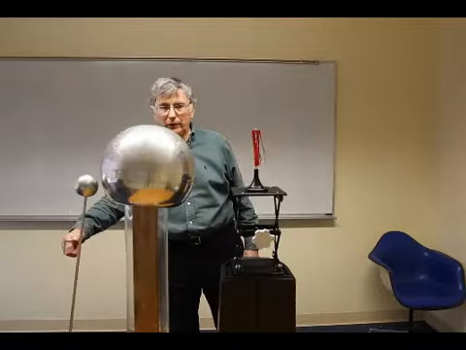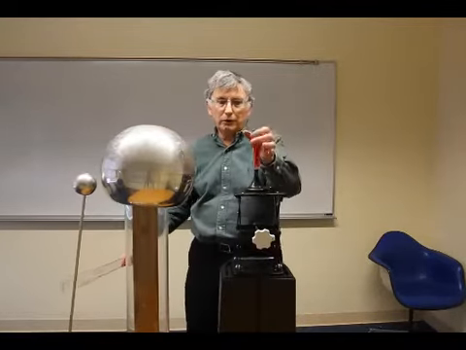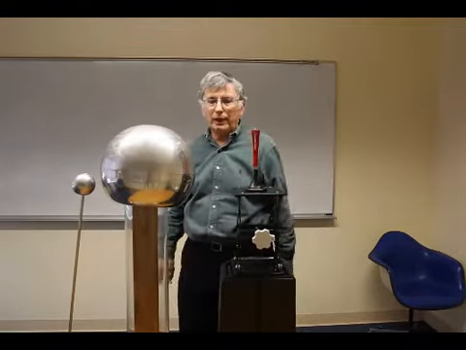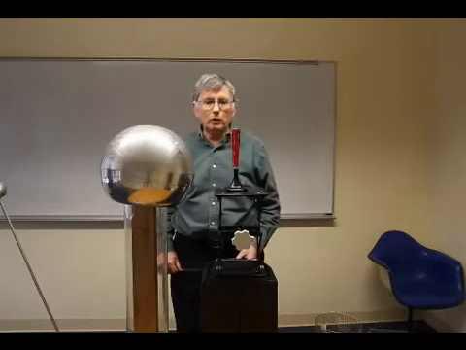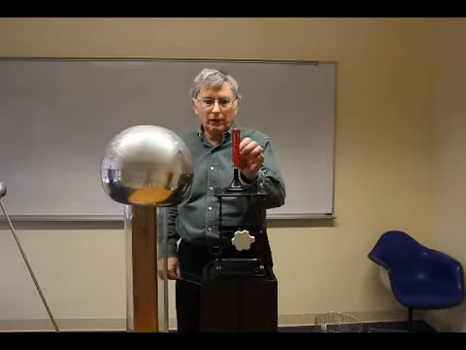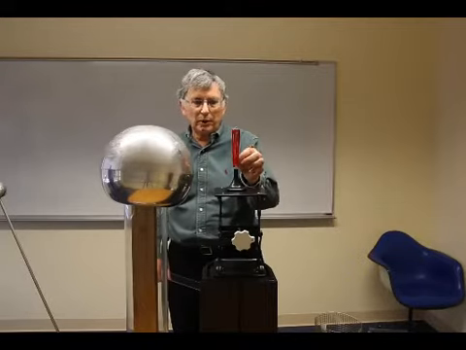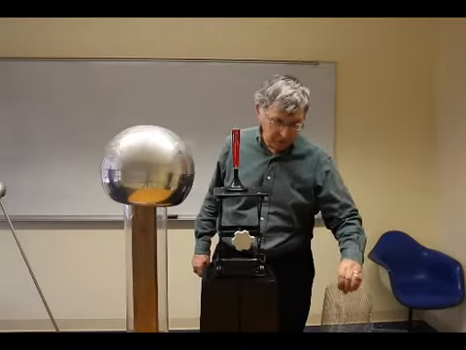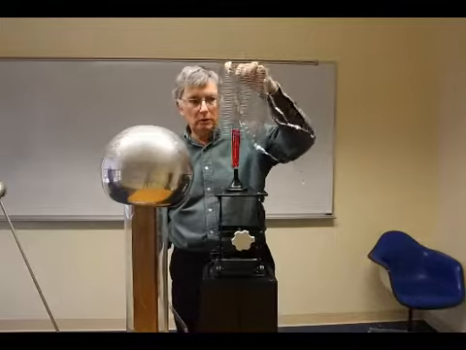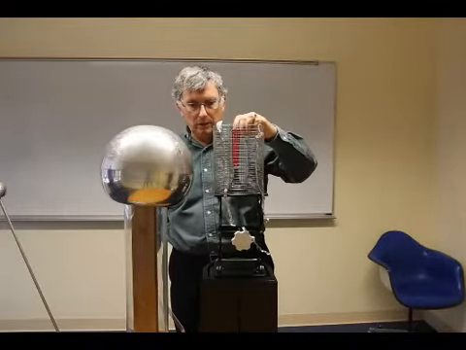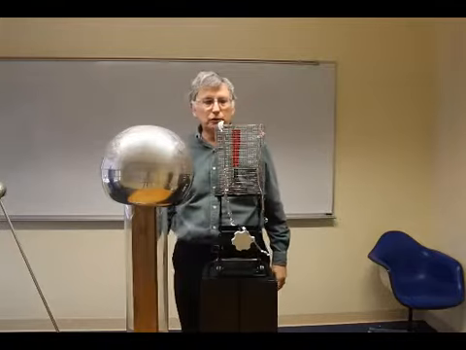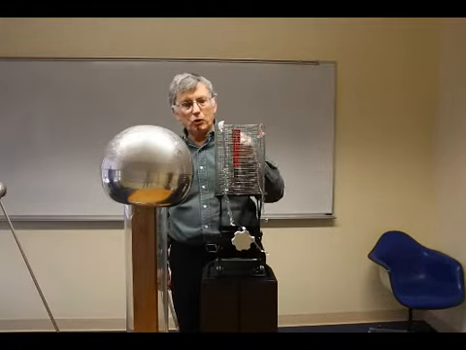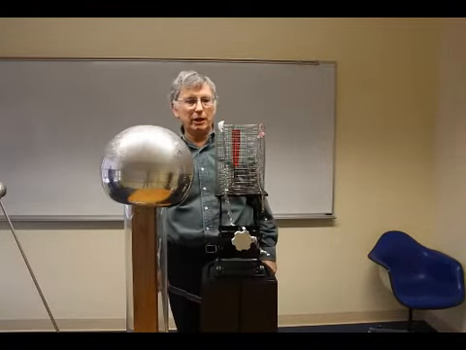When we let everything discharge, all the charge runs off these hairs and they come back to equilibrium. Now, according to Gauss's law, if we put a cage around this, which is called the Faraday's cage, then when I turn on the Van de Graaff, the ball will get charged again, but there will be no electric field inside the cage.